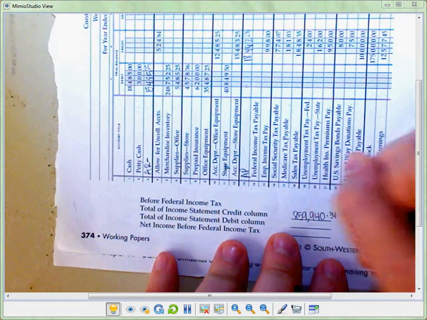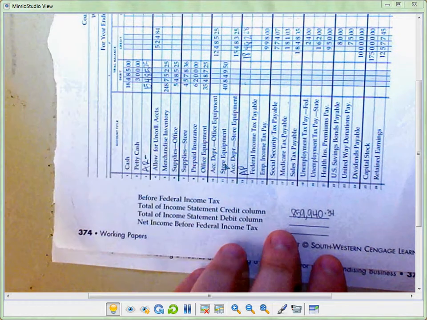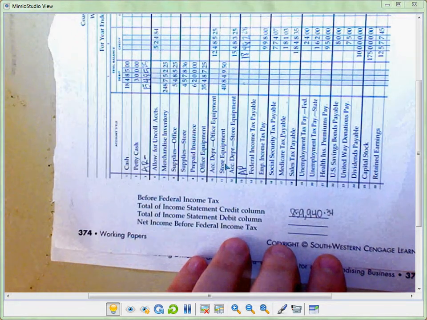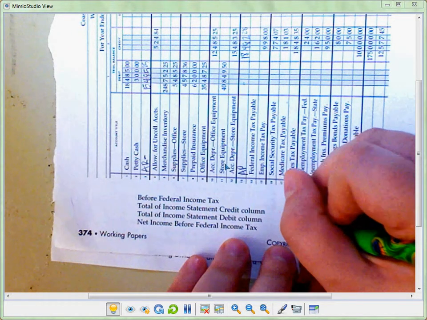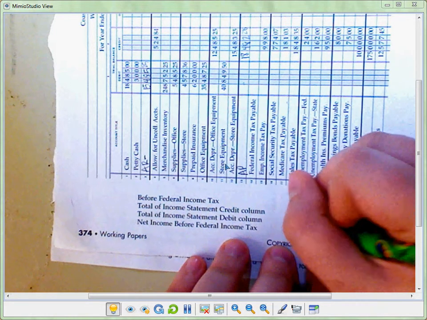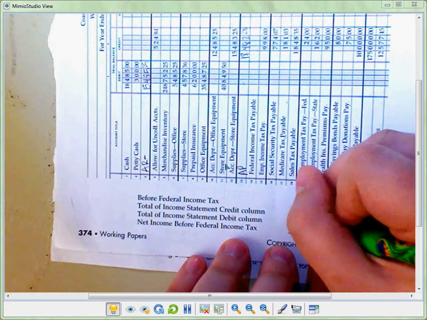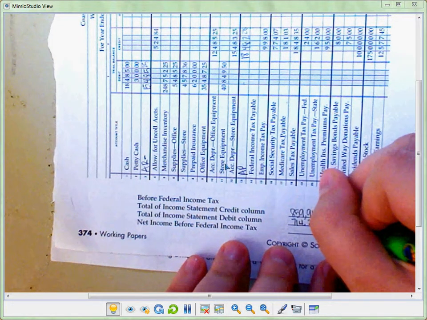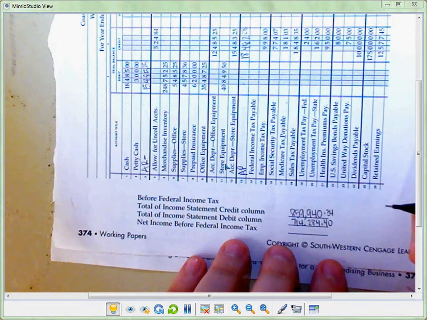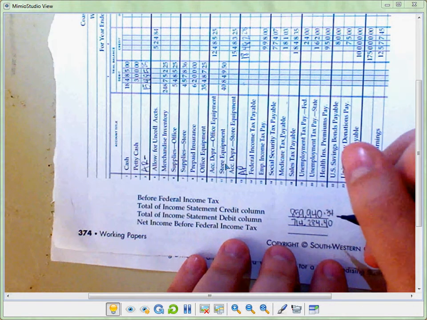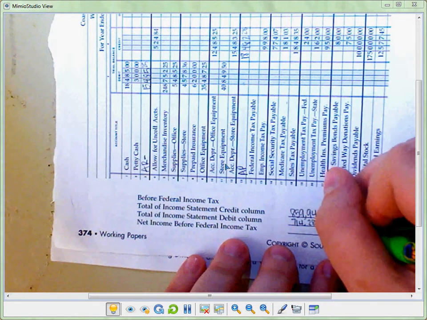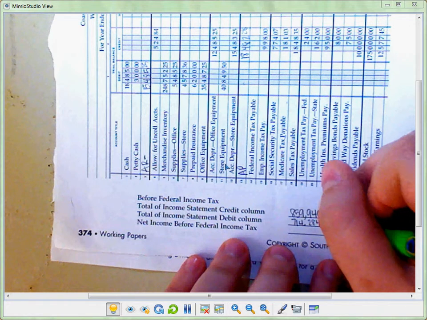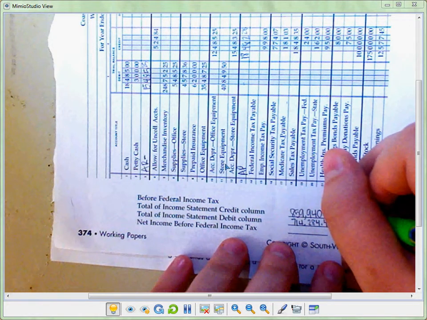Our credit is $859,940.34. And then our debit is $714,284.40. Then to calculate our net income, we need to subtract those two, so you guys can handle that. So subtract that and let's see what we get. Use your calculator, guys.